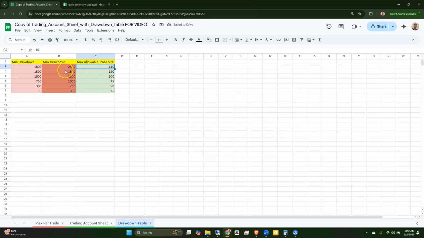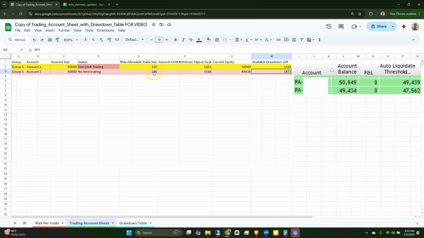If we look at the drawdown table, we're between 1,800 and 2,500, so we are allowed to trade our max allowable trade size for our whole set of accounts, which in this case is 140. You can make these numbers whatever you want, any combination of max, min, drawdown. So we are between this 1,800 and 2,500 on account 2, max allowable trade size of 140.